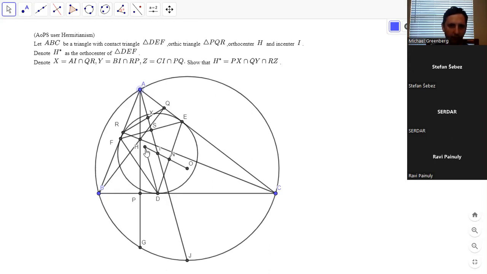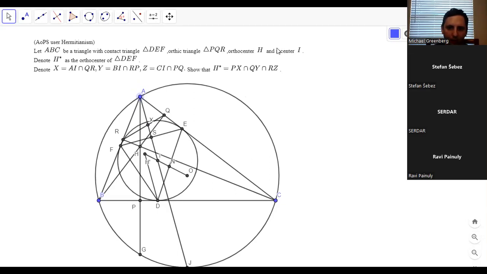So yeah, CAX bisects angle BAC. I wonder if we could find something isogonal to AH prime. X H prime.